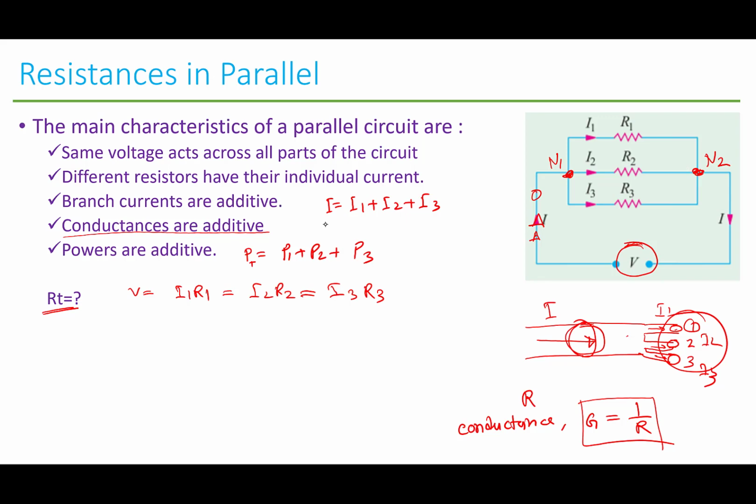We already know that the total current I equals I1 plus I2 plus I3.